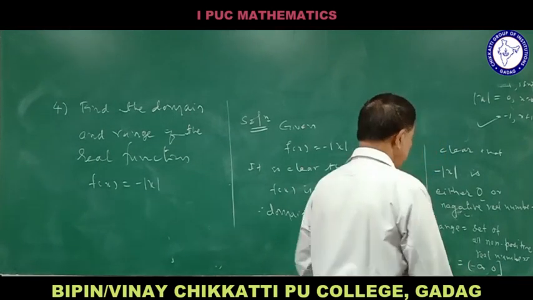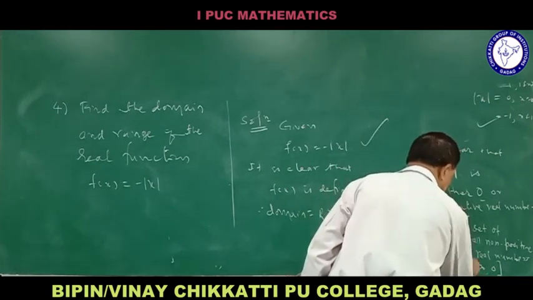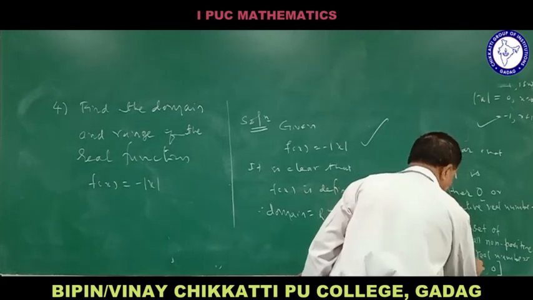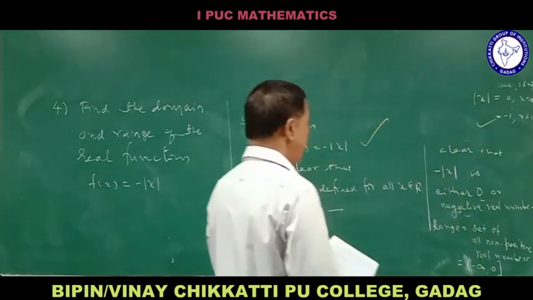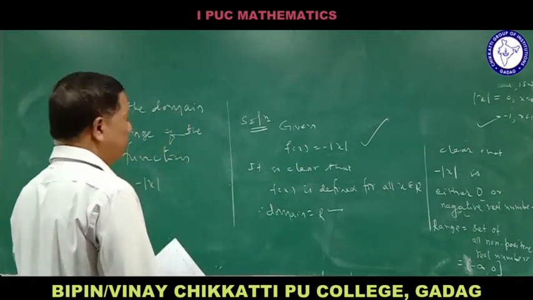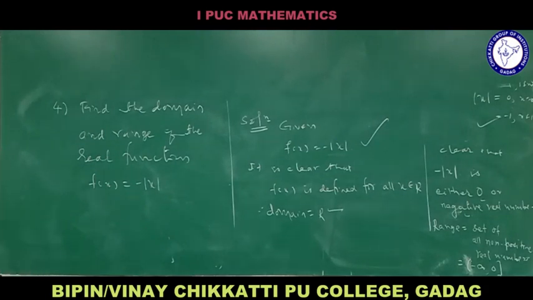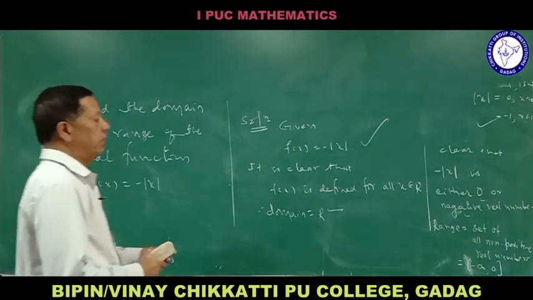So the answer is like this, or some authors write it like this. You can write either, and the range is minus infinity to 0. So this is the way of finding the domain and range of the function.